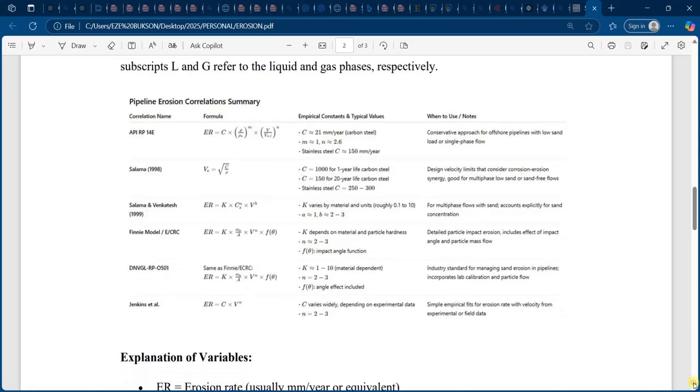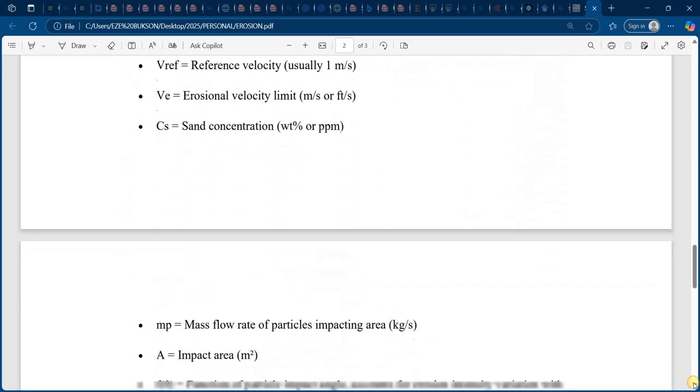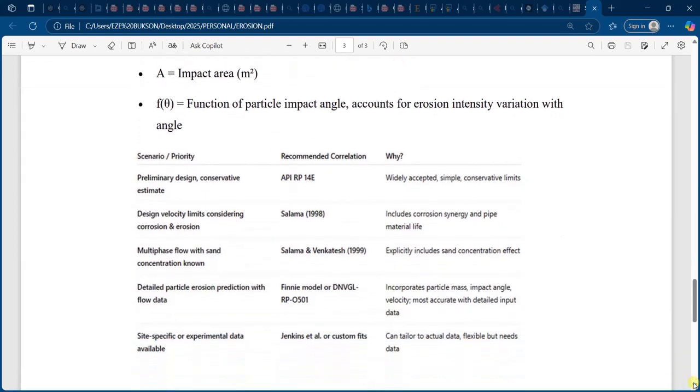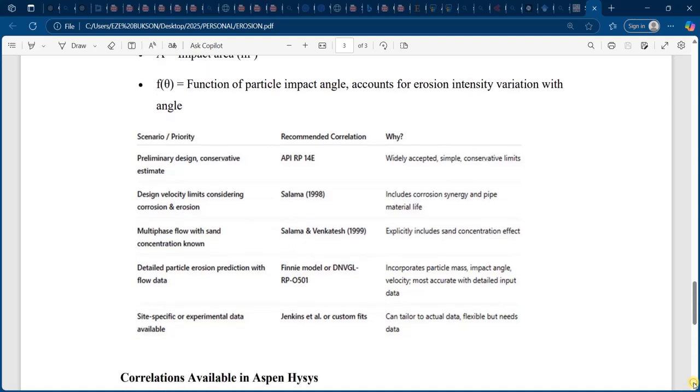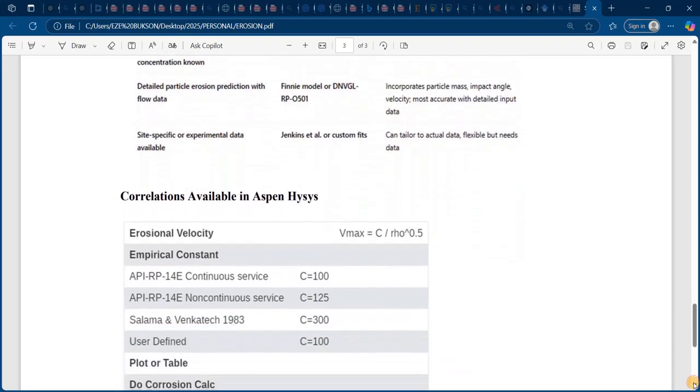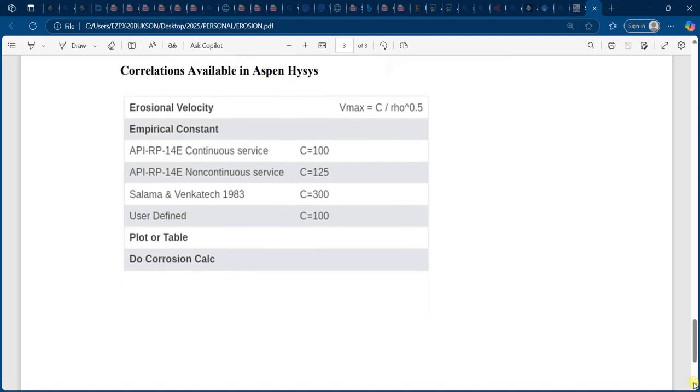Then moving on, next we have the popular correlations that are available in Aspen Hysys, right? So these are some of them.